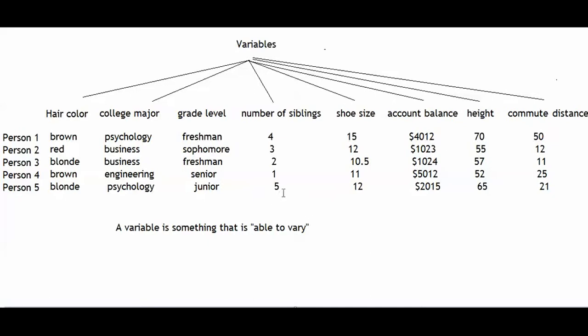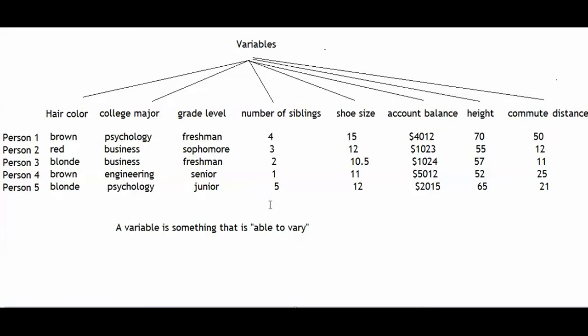You might be wondering, if all 5 people told me that they have 4 siblings, would that mean that number of siblings isn't a variable? Number of siblings would still be a variable because even if all 5 people told me the same answer, it would still be possible to get a person with a different answer.